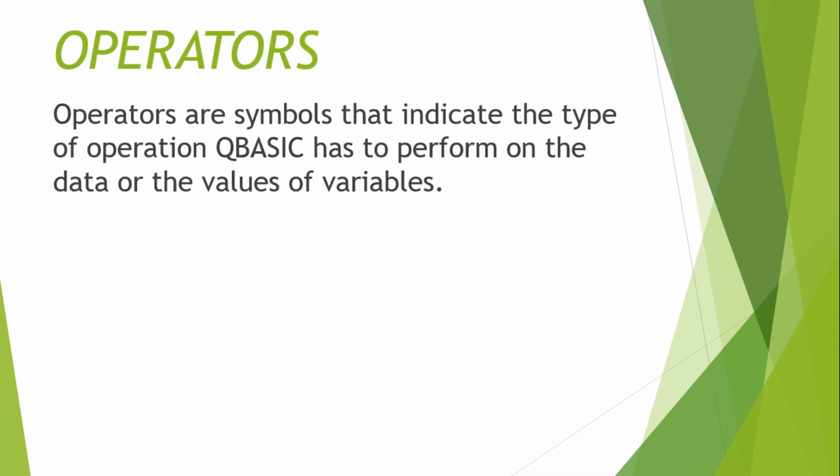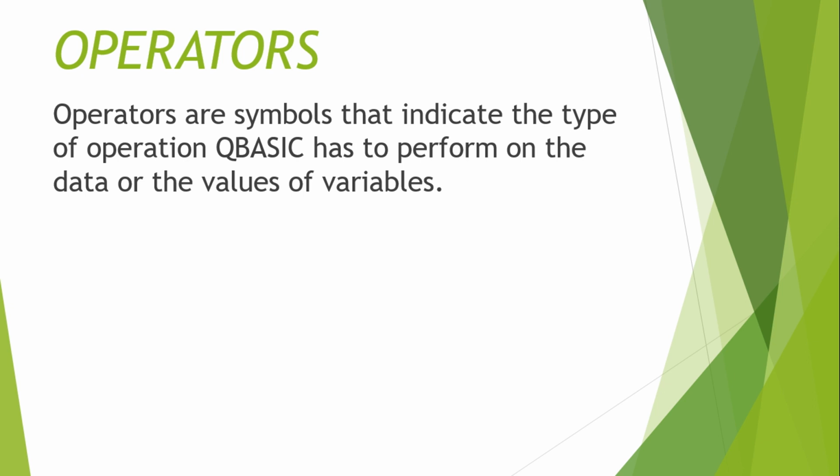What is an operator? Operators are symbols that indicate the type of operation QBasic has to perform on the data or the values of variables. So operators are the symbols that do some special kind of operations. Like I already told you in my previous videos, why do we write programs?